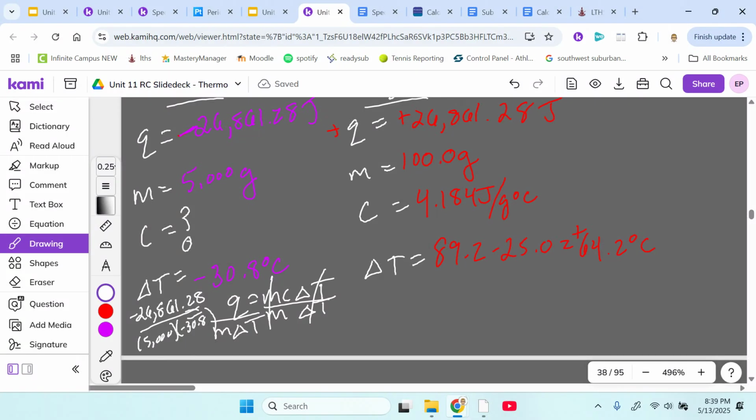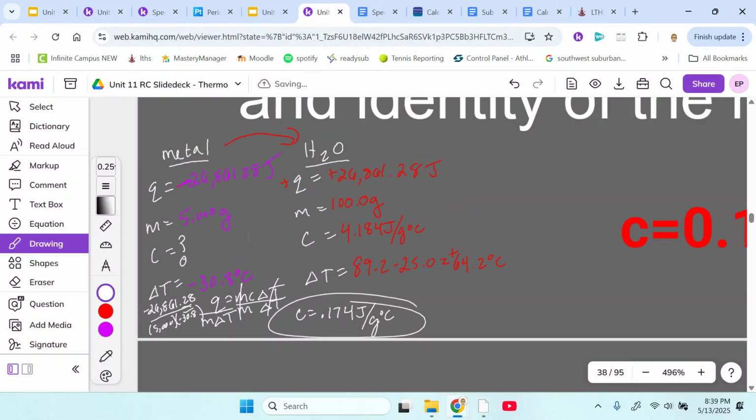All right, in doing that, note that the negatives will cancel out, and we'll end up with a value of 0.174 joules per gram degrees Celsius. Circle that because that's the specific heat capacity of the metal.